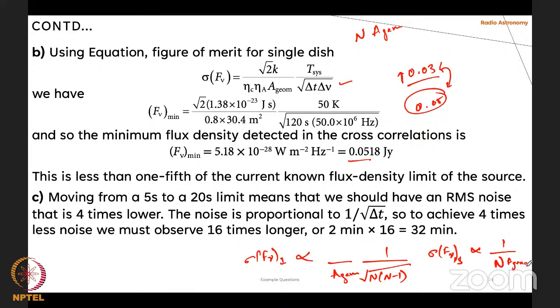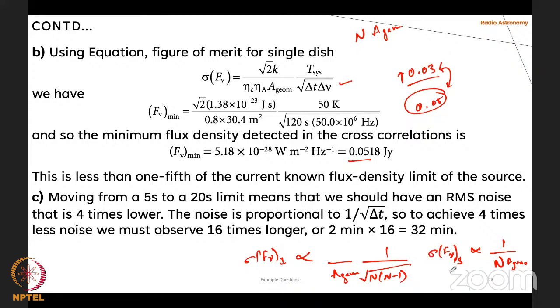Okay, what I said is you have an n element interferometer of some geometric area, and on the other hand you have a single dish of n times the geometric area.